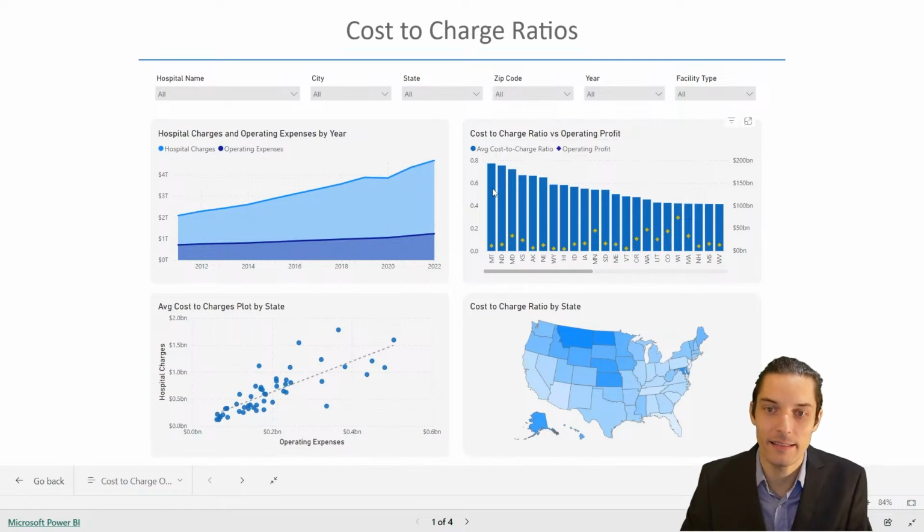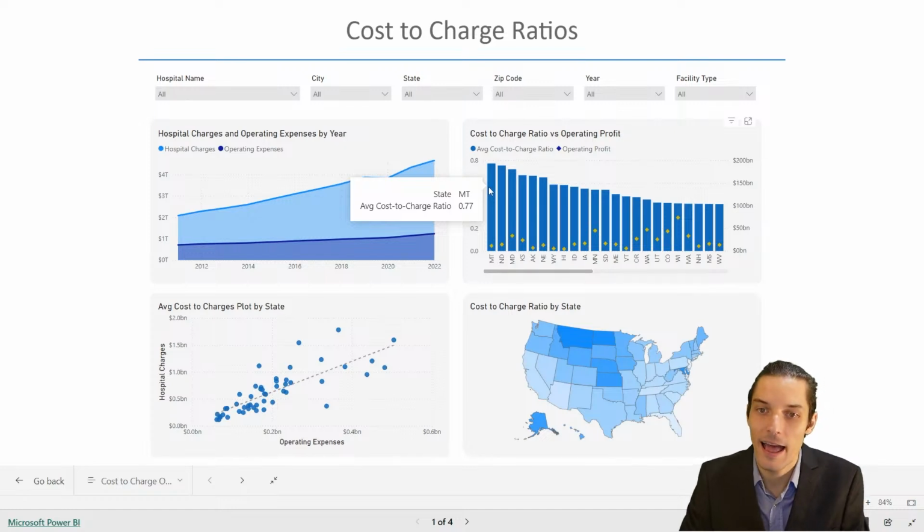And so when you look at cost to charge ratios as a state, these look a little bit different. If you're looking at a state like Montana, then Montana has a cost to charge ratio of 0.77. What this means is that your costs are 77% of what your charges are.